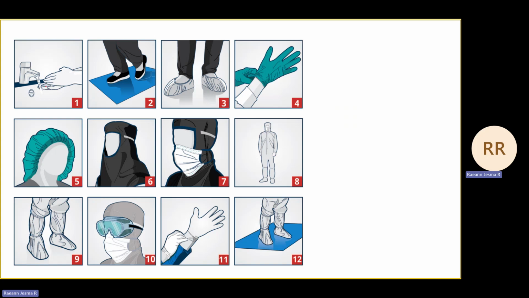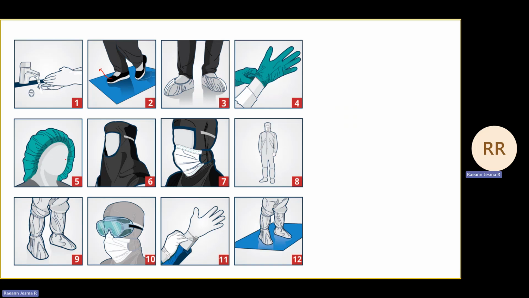So first, you have to ensure that your hands are very clean. Then you will wear some kind of shoe covers, right? You will ensure that whatever shoes you are wearing inside the clean room will not have any particles stuck to them. Then you will wear shoe covers on top of your clean room shoes. Then you will wear one pair of gloves.